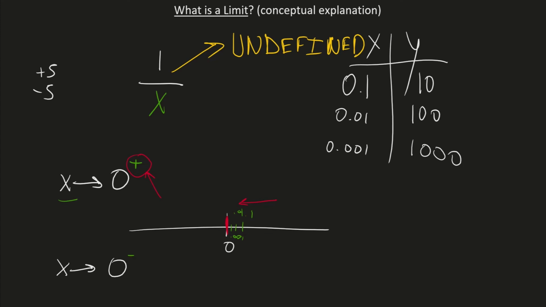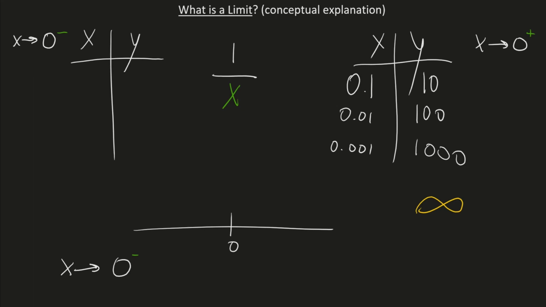How about let's do that? I'll plug in a negative 0.1, I'll get a negative 10. I'll plug in a negative 0.01, I'll get a negative 100. And you can already see the end of this story.